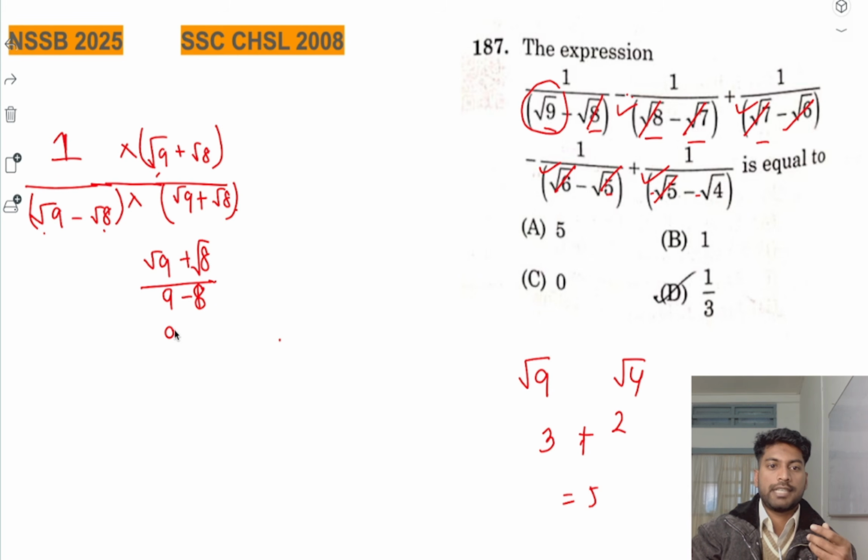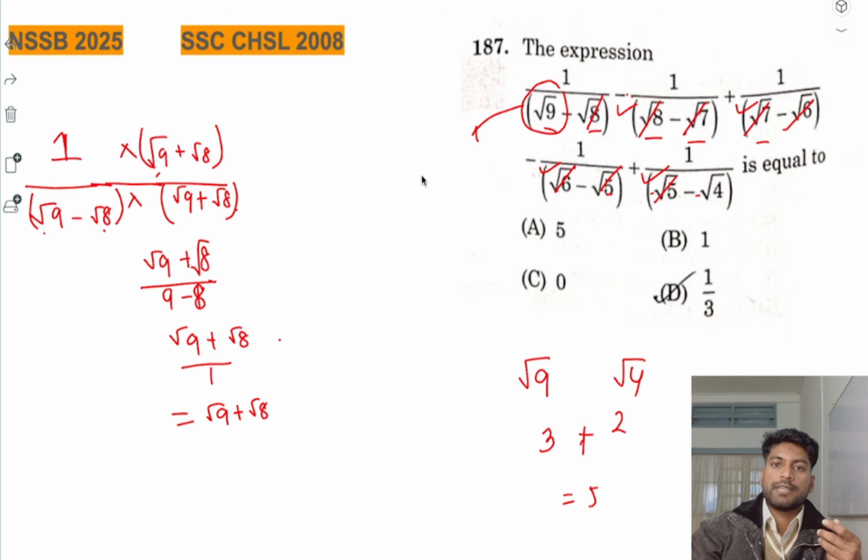So 9 minus 8 means 1, okay. So the answer will be root over 9 plus root over 8 by 1, which means root over 9 plus root over 8. So देखो, मोटा मोटी मतलब आ गया: root over 9 plus root over 8.